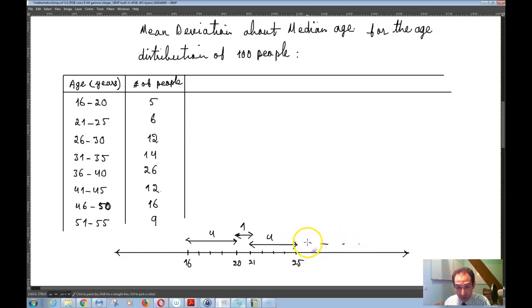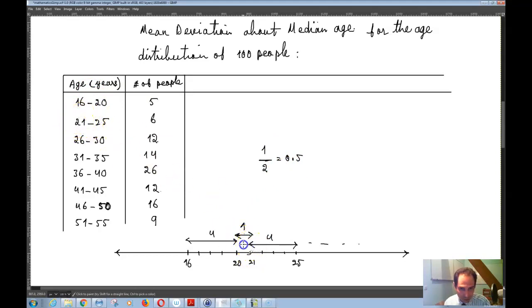So what you want to do here is fill in this gap, and the way they do it in statistics is that you see how many units you have in the gap, which in this case is 1. You divide it by 2, and that's equal to 0.5. So you add 0.5 to the upper limit of this class, which is 20, and you subtract 0.5 from the lower limit of this class, which is 21.